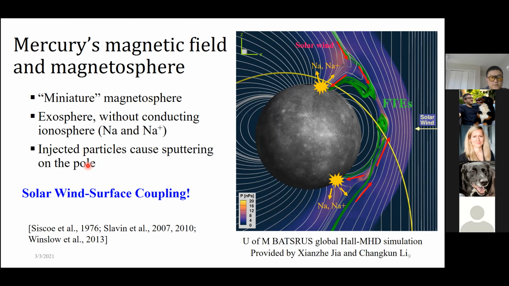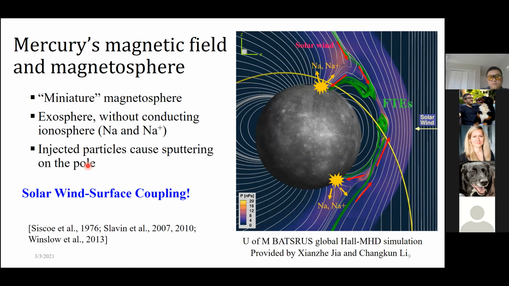As a result, the interaction between the solar wind and Mercury's magnetic field forms what we call a miniature magnetosphere compared to Earth's magnetosphere. Although small, Mercury's magnetosphere can hold off the constantly streaming solar wind from directly hitting the planet's surface during most of the time.